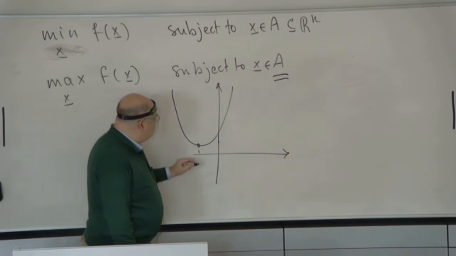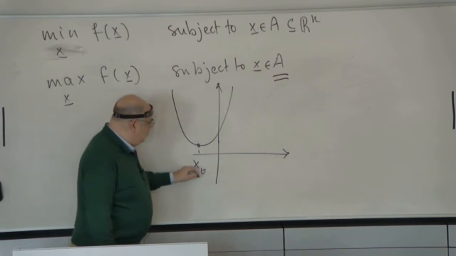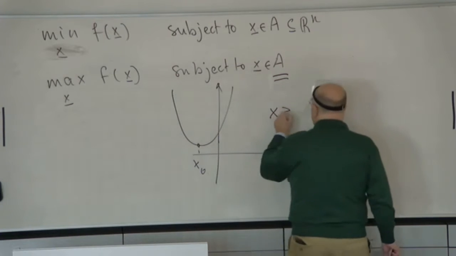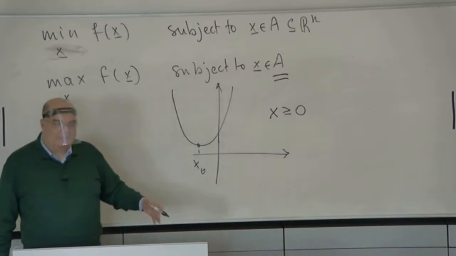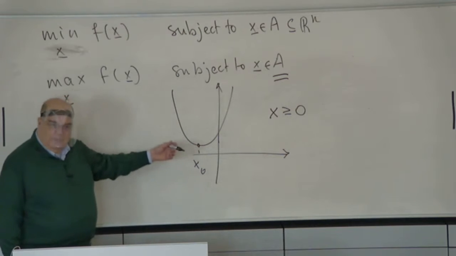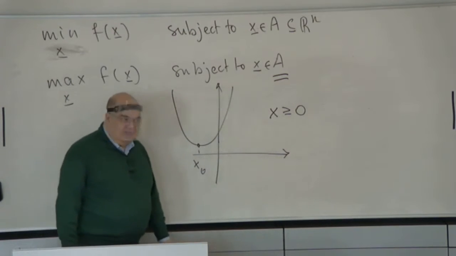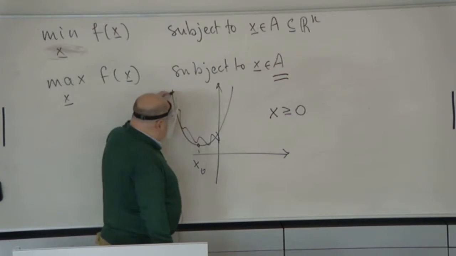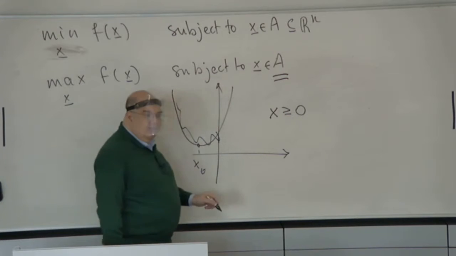The minimizer for this function over its domain is this point, x0. But if the x's are required to be non-negative, for example, which is a very common requirement in most of the fields in applied mathematics, especially in economics, where most of the quantities must be non-negative numbers, then you actually can't see this part of the graph. You just see this part of the graph, and of course the minimizer is 0.